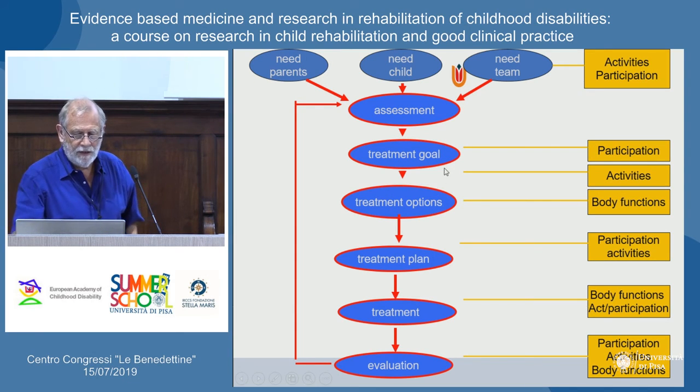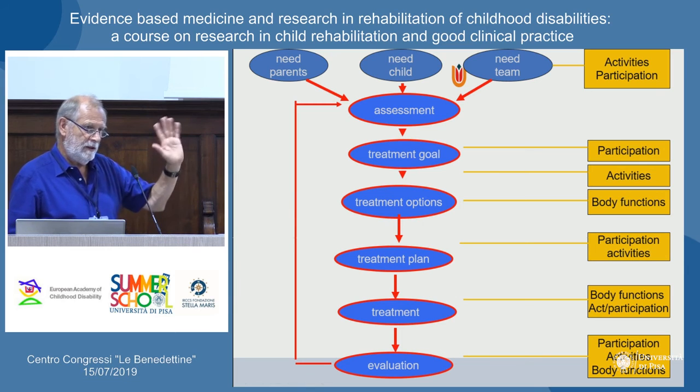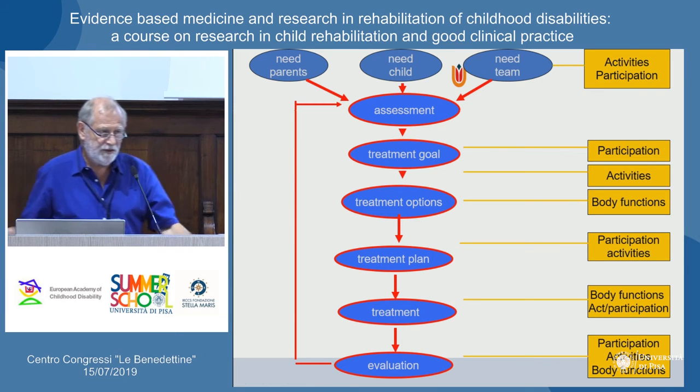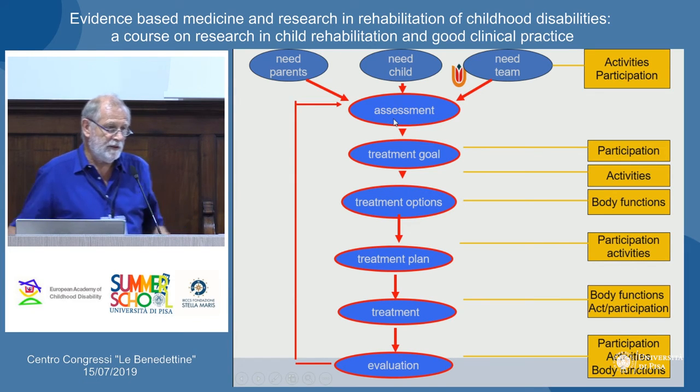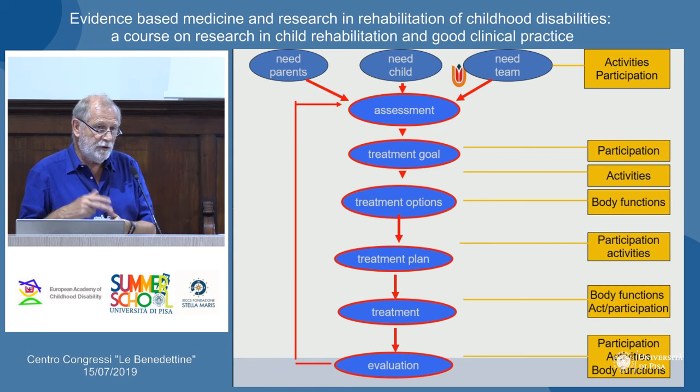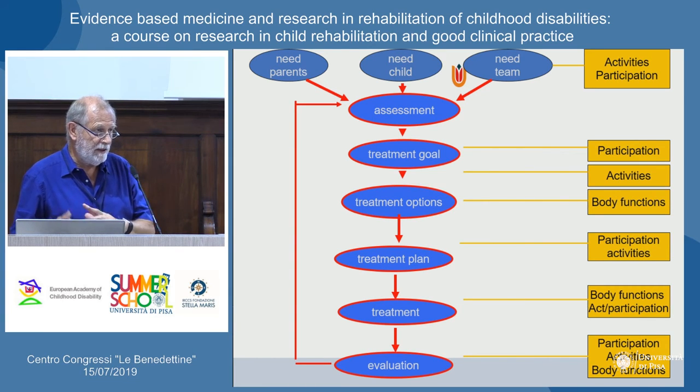When I look at the ITB study, they used goal attainment scaling to find out what the problems were for the patient. The assessment was on the level of body function: the dystonic and hyperkinetic movements, spasticity and range of motion.